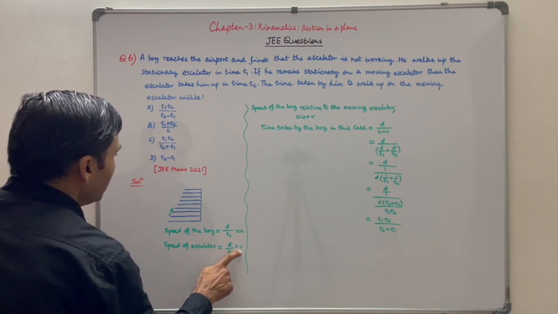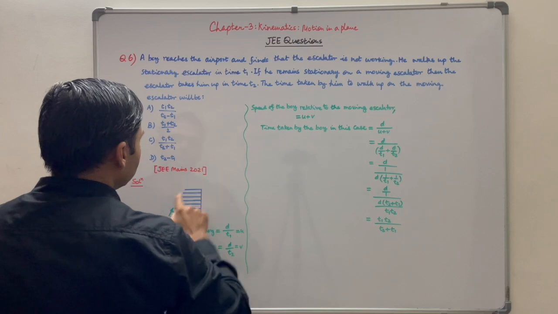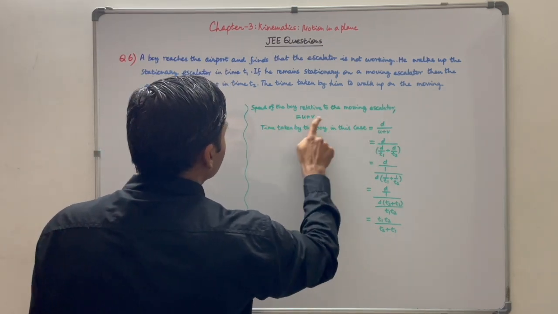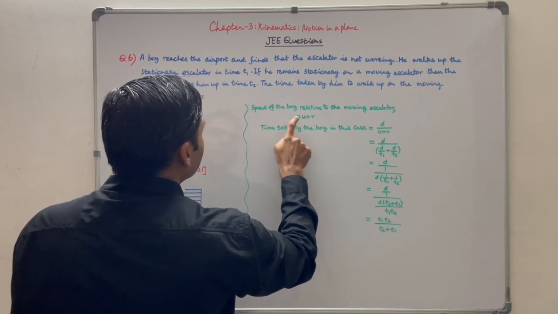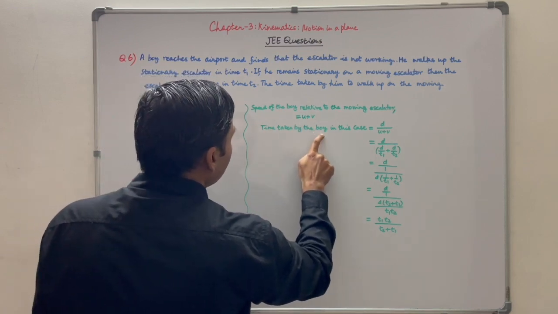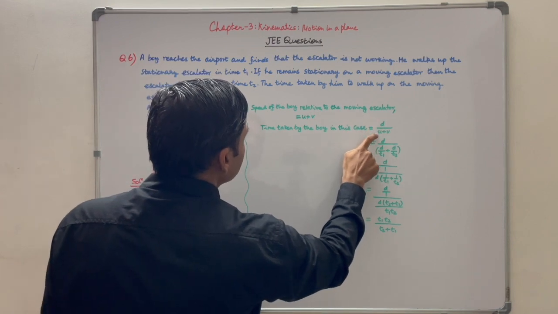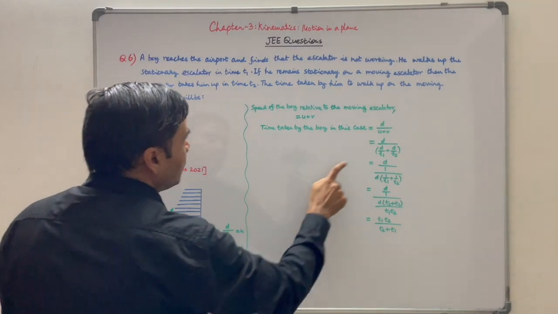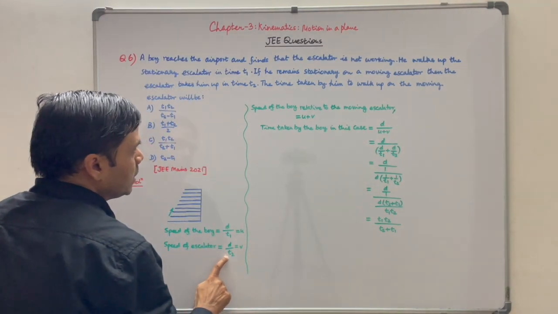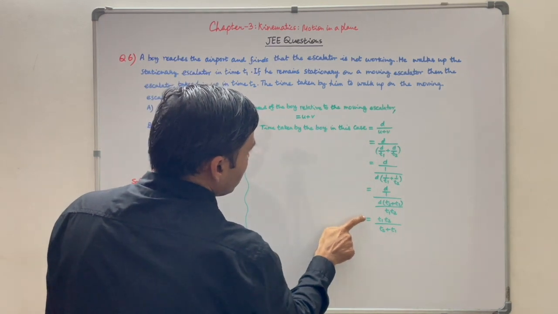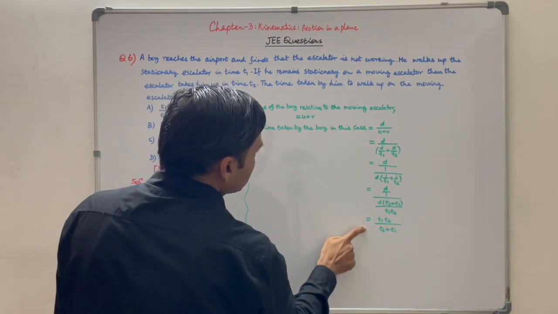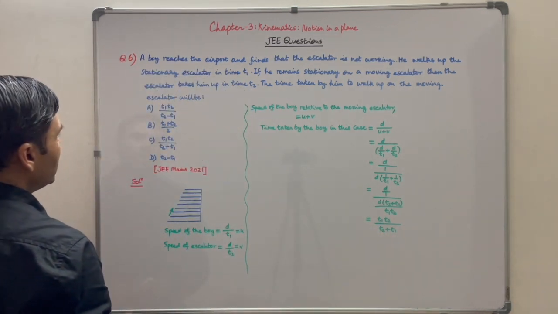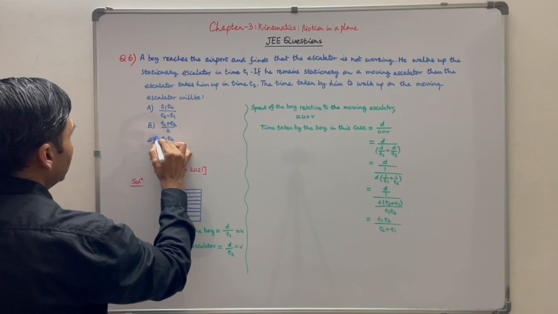Let's say it is V. When both are moving upwards, then speed of the boy relative to the ground will be equal to U plus V. In this case, time taken by the boy will be equal to D upon (U plus V). Now value of U is equal to D upon T1 and value of V is equal to D upon T2. So putting these values, time taken by the boy comes out to be T1 T2 upon (T2 plus T1). So correct option is option C.